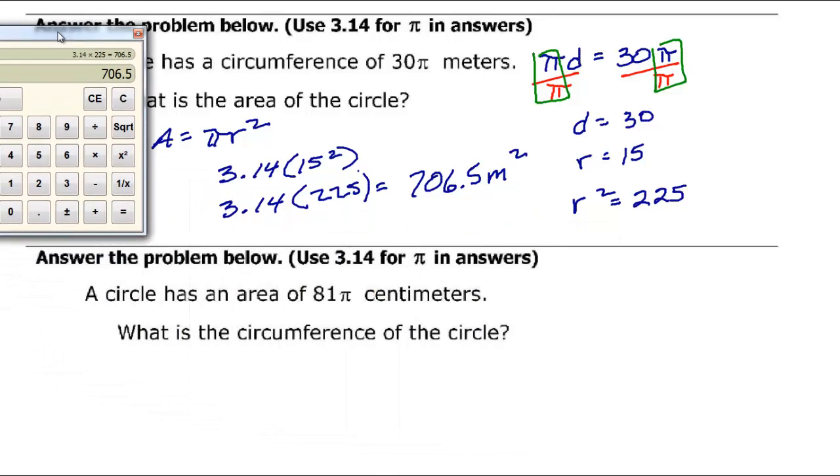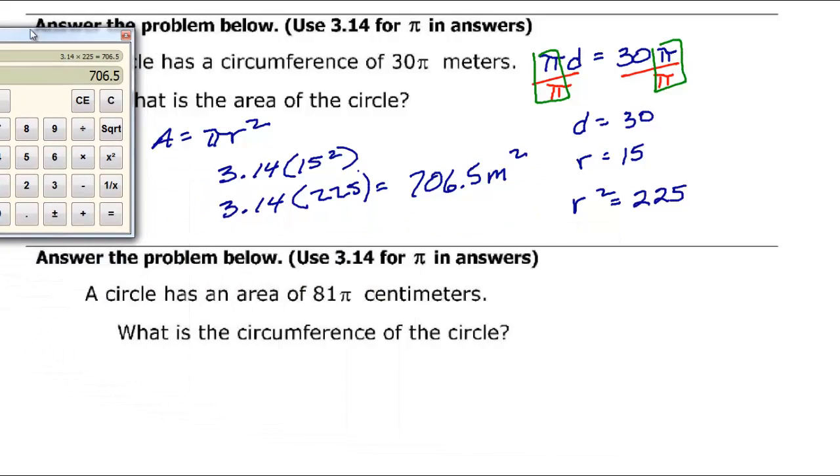All right, final problem. Let's park our calculator up there. We have a circle that has an area of 81. Well, the area formula, pi times radius squared, equals 81 pi.